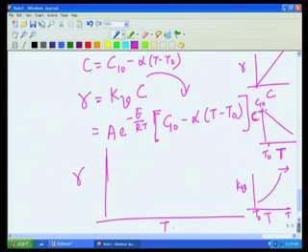Qualitatively we can see when T is near T naught, Kv is a low value, even though C1 naught is high, the product is likely to be a low value. When T is very large, Kv is very large, but C is very small. So again the product is likely to be a low value.